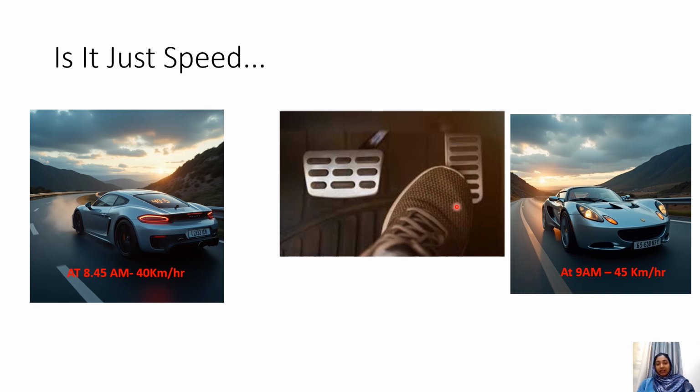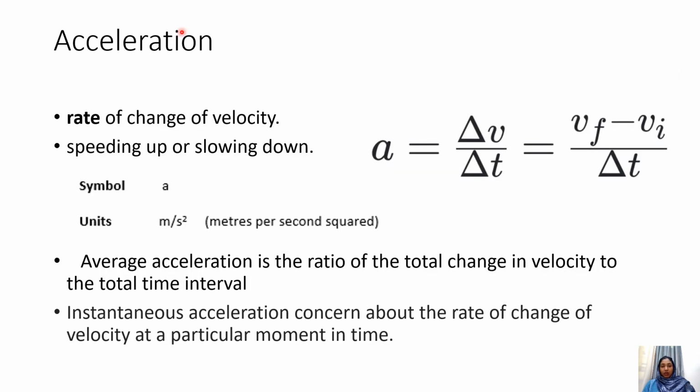When we press the accelerator, the speed increases, isn't it? So at 9 a.m. the speedometer records the speed as 45 kilometer per hour. So here speed is increasing, or we can say it is accelerating. In this class we are going to discuss acceleration in detail.